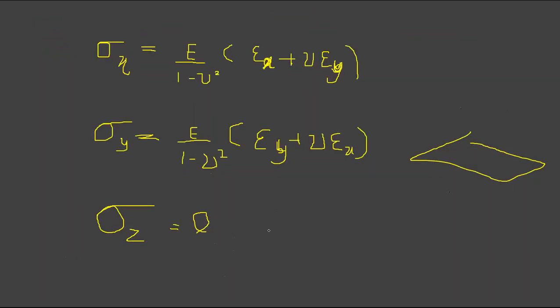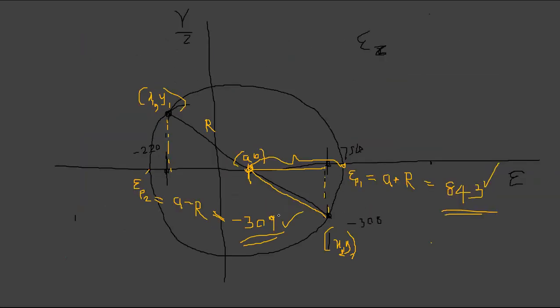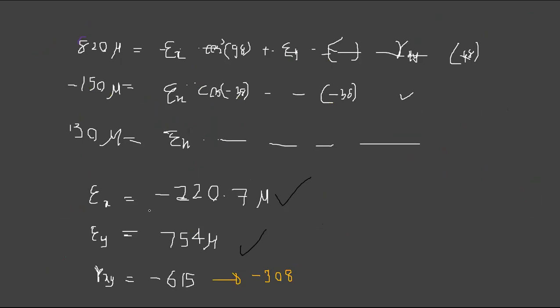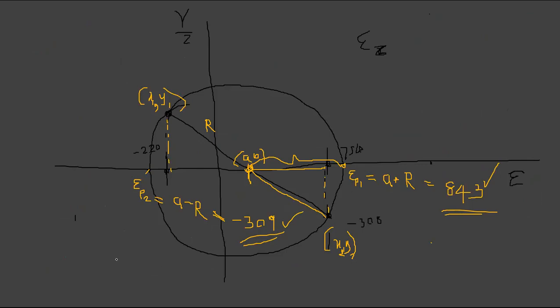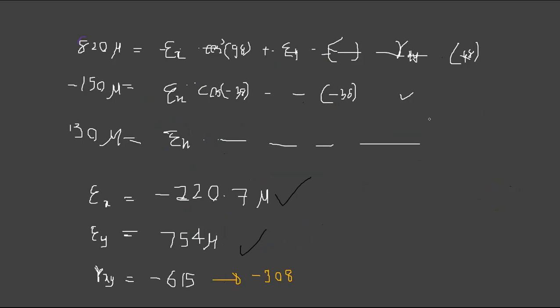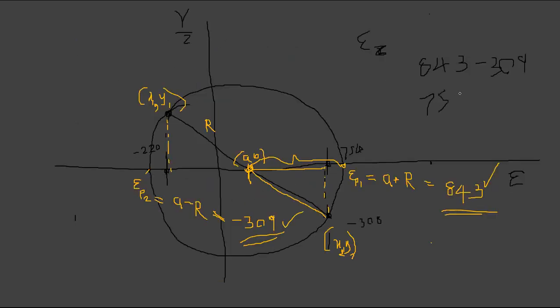So epsilon x plus epsilon y is equal to the summation of the principal strains, epsilon p1 plus epsilon p2, right? 843 minus 309 will give you 534, right?